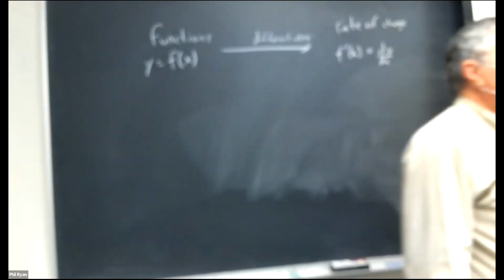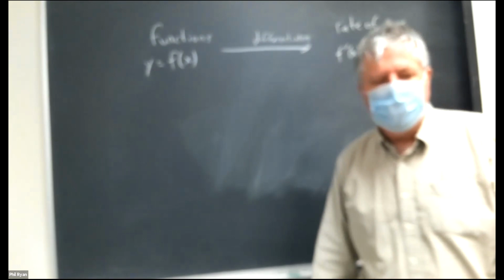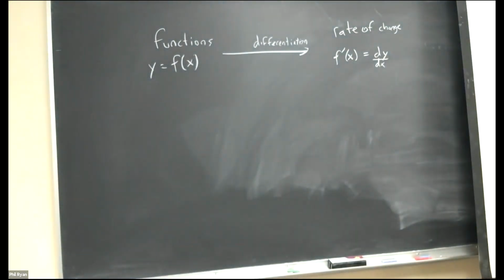So if our function was something like distance as a function of time, then the rate of change with respect to time would be velocity. Okay. So let's go the other way now.